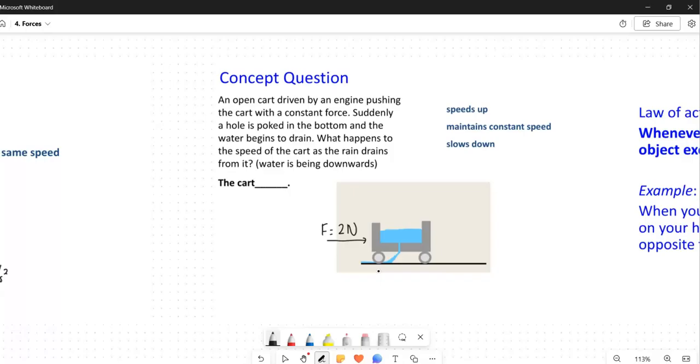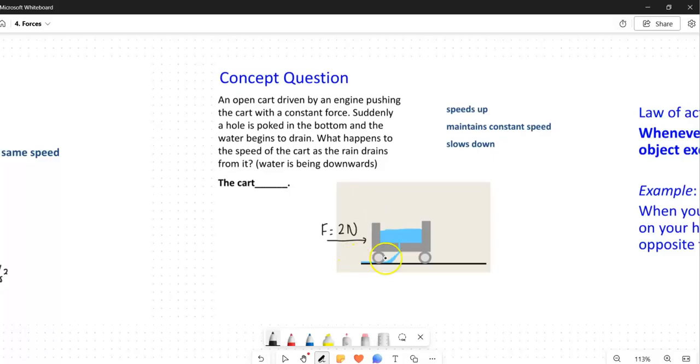When it does this, what will happen to the cart's speed? Will it speed up? Will it maintain the constant speed it's currently going at, or will it slow down? Think about it for a second, and pause the video now.